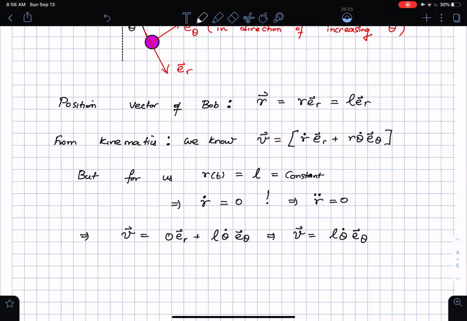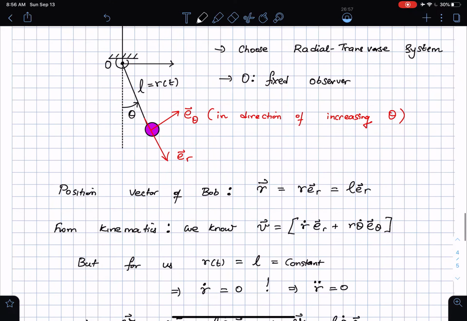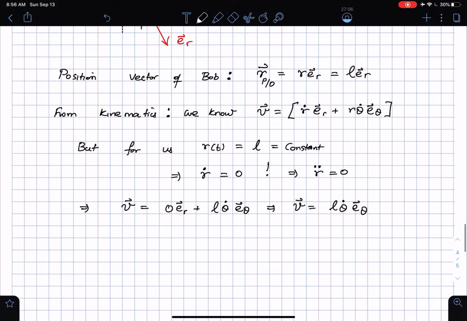Okay, so this is the velocity of this particle. I'm going to call this particle P, and that is the observer O, and I'm going to write this as r_P/O, and this is velocity v_P/O. So look at this. r_P/O is r e_r.